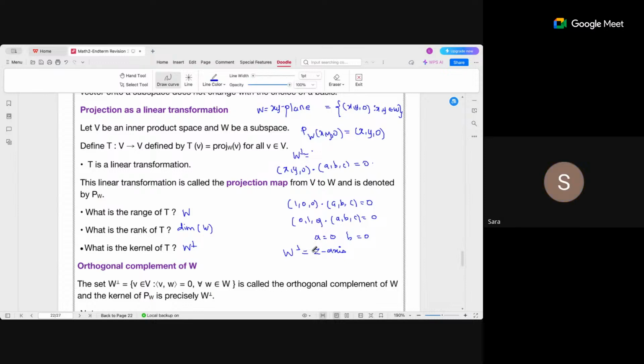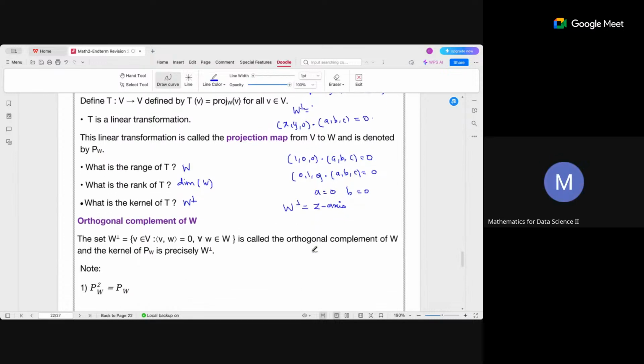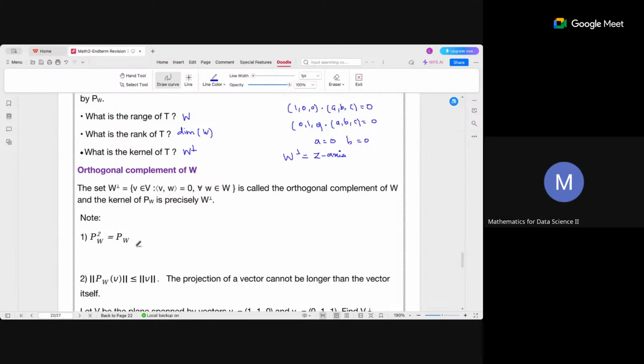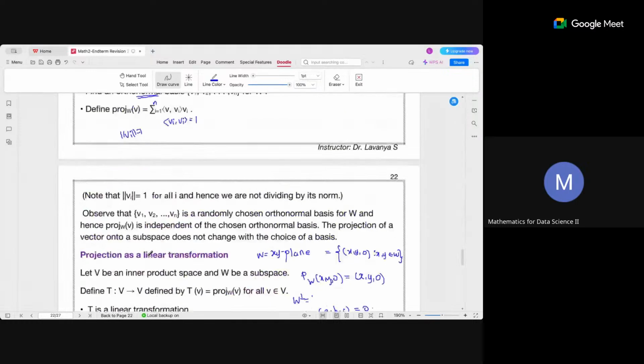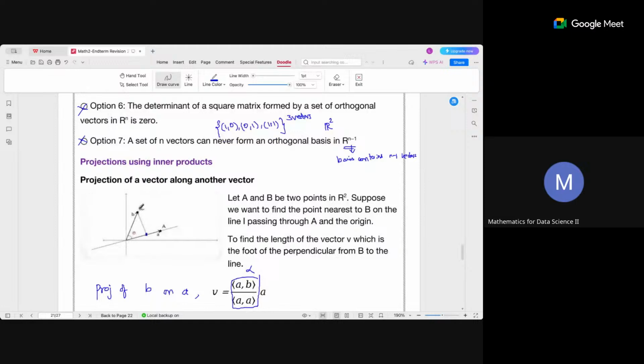Okay, fine. So these are some more properties of the projection transformation. P squared is equal to P. When you do the square, it is going to be the same. And norm of P is less than or equal to norm V. Always, when you are projecting a vector, the actual size gets reduced.